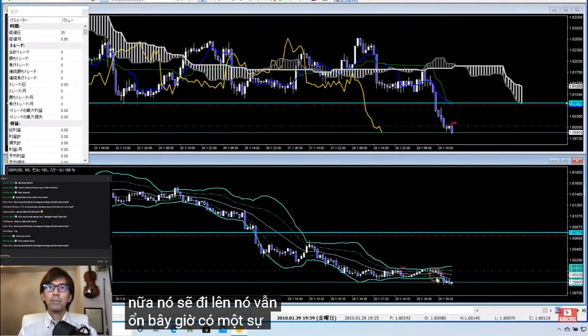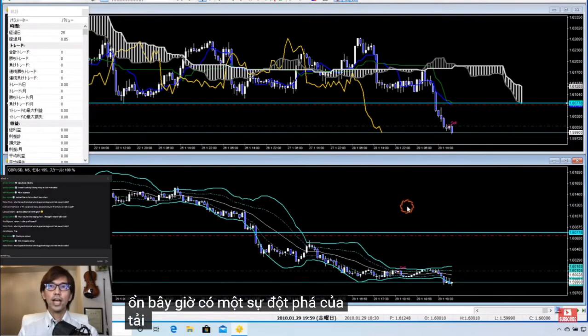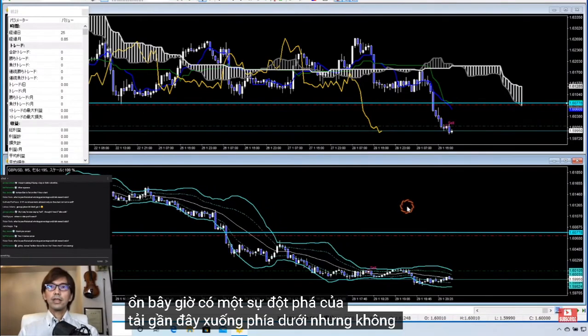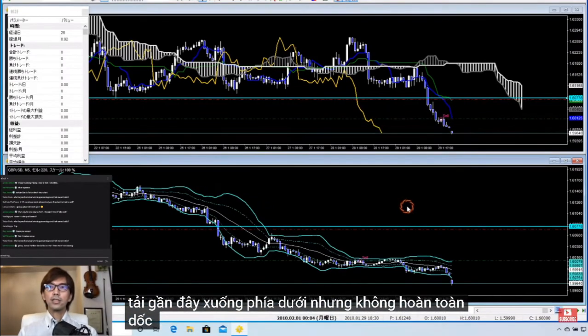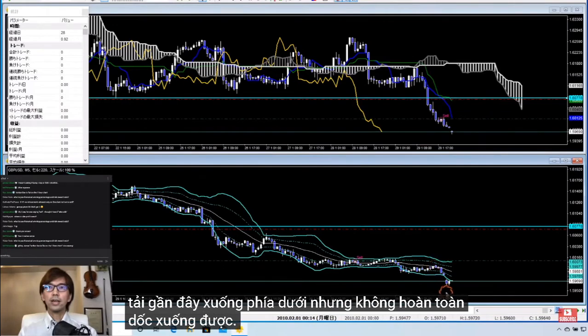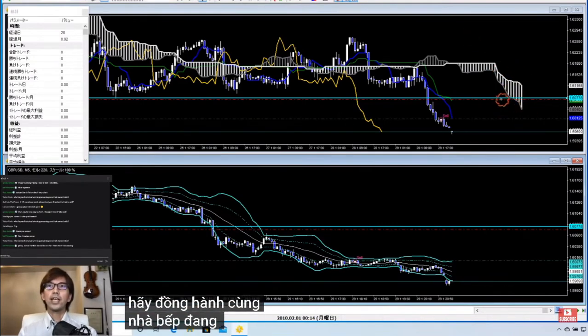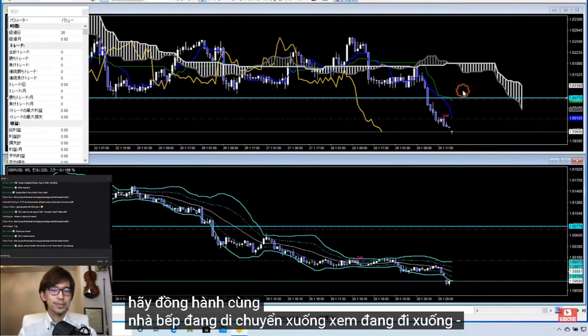Okay, now there is a breakout of the recent low downwards, but not quite sloping down. Okay, there is a clear breakout downwards. And now we see the Kumo moving down, Senkou Span B moving down, Kijun-sen moving down too.